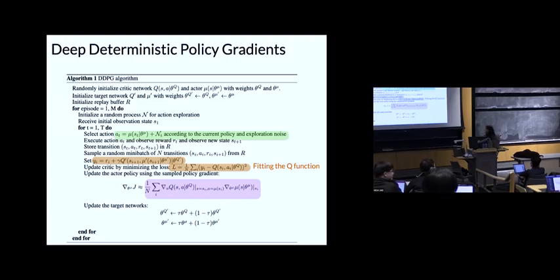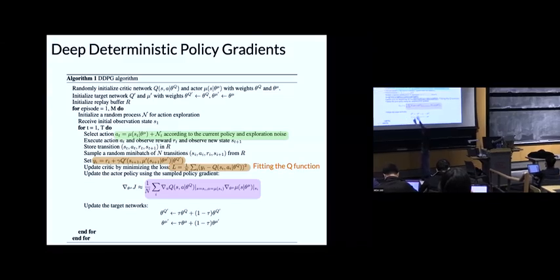Yes? Stability for the actors. It seems like both the networks have targets. Yes. So here, if you see the primes, these are the target networks.